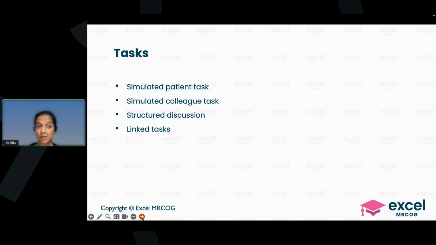There are simulated colleague tasks as well, which is a teaching task. So you are about to see your colleague, which is say your ST1, your ST2, and who wants to learn about forceps delivery, and you are supposed to demonstrate forceps to that particular colleague. Okay, so that is how the station would be. Okay, so that would be a simulated colleague task.